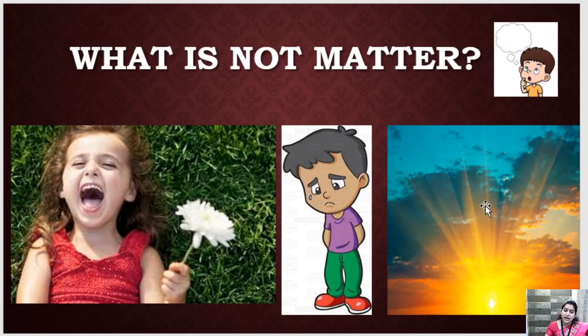Even sunlight is not considered matter, because it is not occupying any space and it does not have any mass. Why? Because the rays that you see here are because of the dust particles. The rays that we are seeing of sunlight are because of the dust particles. They are not the actual rays of sunlight. So the feeling of happiness, the feeling of sadness, and the rays of sunlight are not matter.